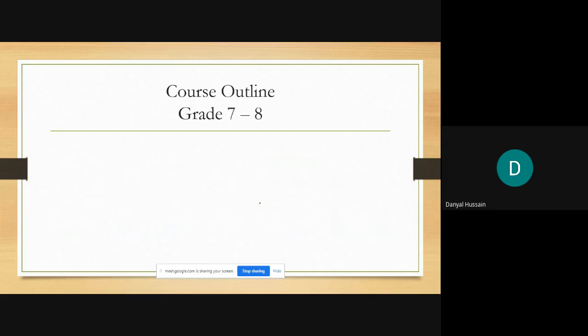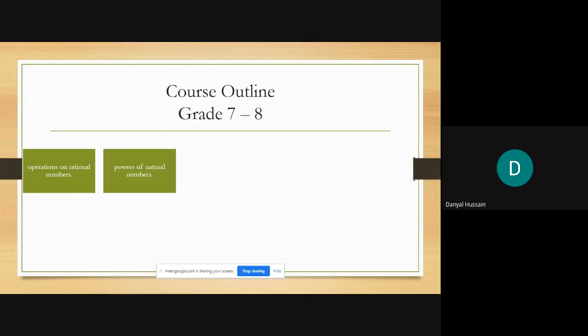For grade 7 and 8 students, which course outline is there? What kind of concepts are included? Operations on rational numbers means addition, subtraction, multiplication, and division of fractions and rational numbers.